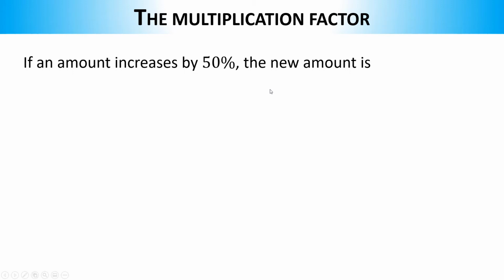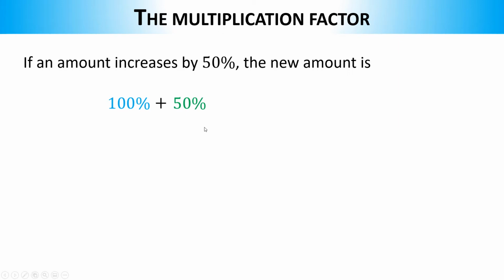If an amount, any amount, increases by 50%, the new amount will be the old amount, whatever we started with, plus this increase. Now the old amount is 100% of itself, right? A number is 1 times itself, so it is 100% of itself. And the increase is a percentage of the old number, in this case 50%.